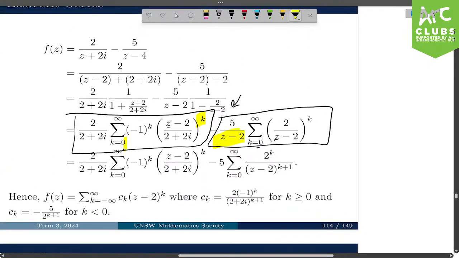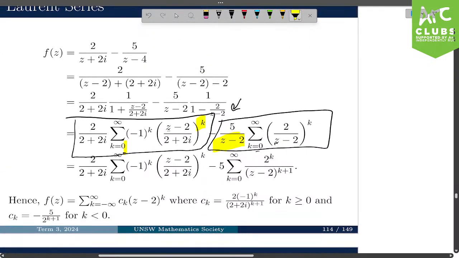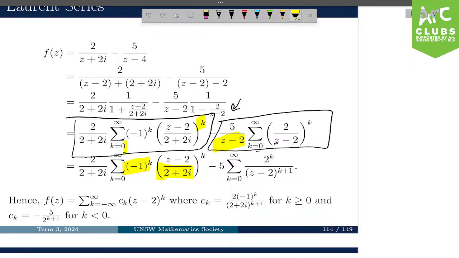Fantastic. So we can just go ahead and outright split our coefficients up. Mind you, the coefficient is attached to here, here, and over here. So this will just be for the k greater than or equal to 0 cases. And then for k less than 0, we get the -5 and the 2 to the k.